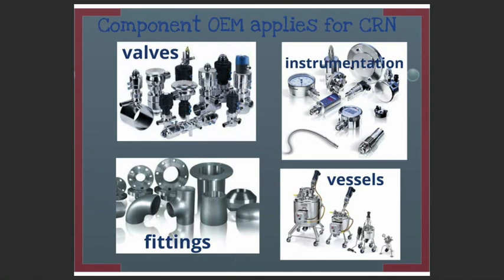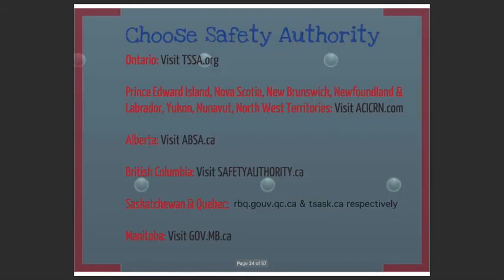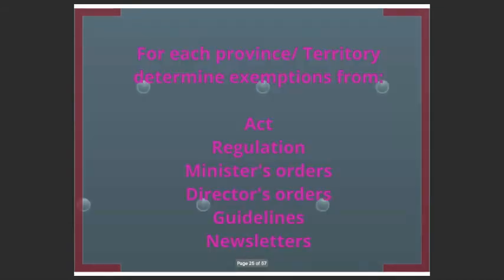So the OEMs in Canada, people who provide components that are used on inspected piping systems, whether they're instrumentation, vessels, fittings, valves, or anything else, filters, steam traps, etc., they all need CRN if they're not exempt, and there are exemptions, and the exemptions are checked through these documents here, or by checking the websites here and looking at the regulations.